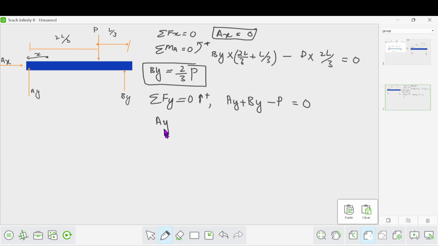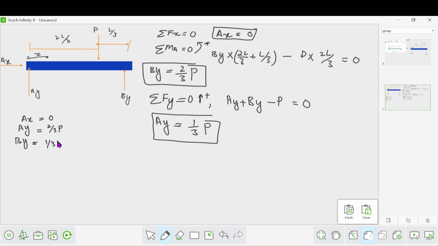So Ay will become, if I put the value of By as 2 divided by 3 P, then I will get 1 divided by 3 P. I have found Ax, Ay and By: Ax is equal to 0, By is 2 divided by 3 P and Ay is 1 divided by 3 P.